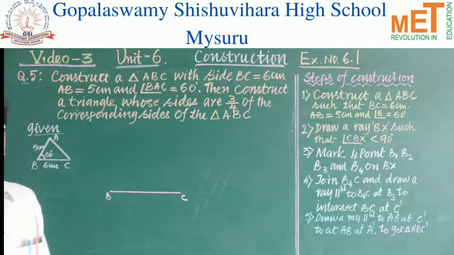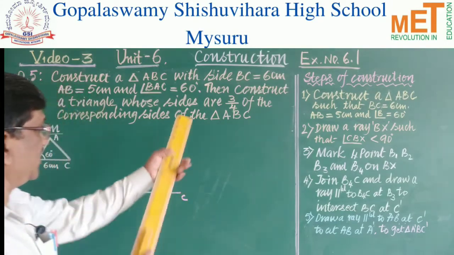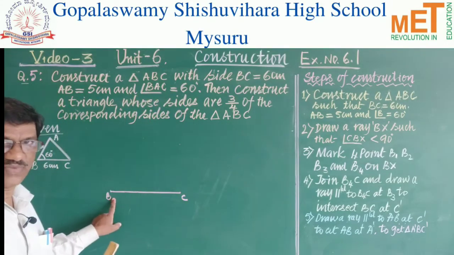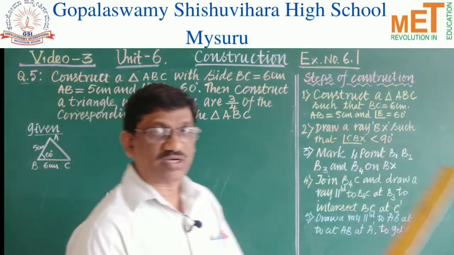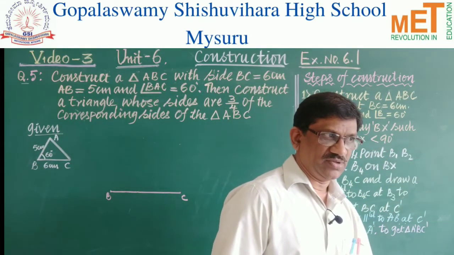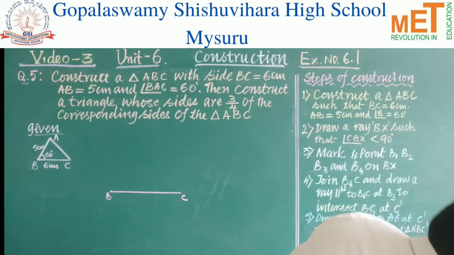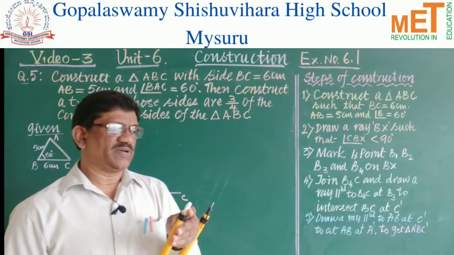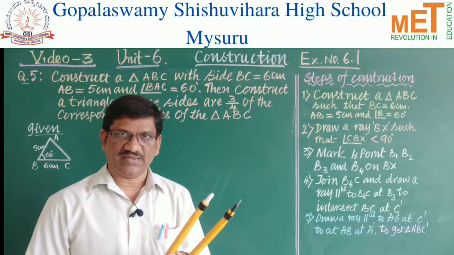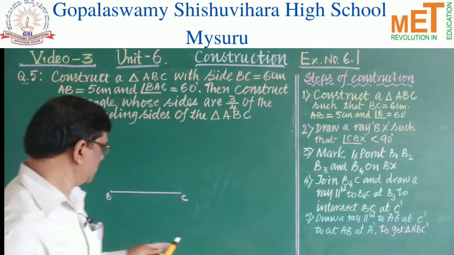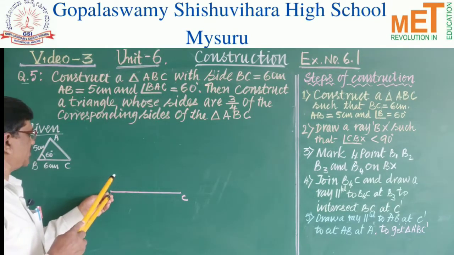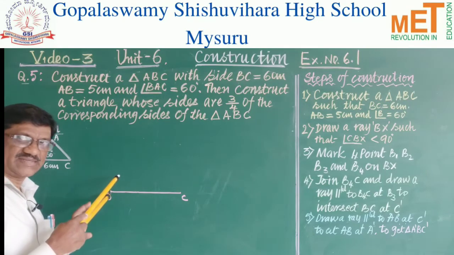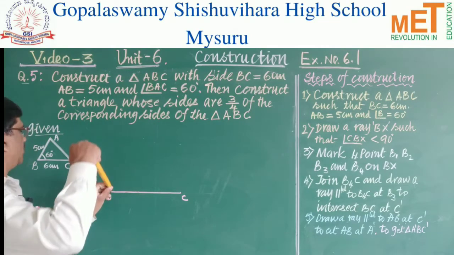Now we have to construct an angle of 60 degree at B. How do you construct? You are not supposed to use the protractor. By using compasses only, you have to draw. So, take children, in the compass, with a convenient radius, with B as a center, draw an arc.